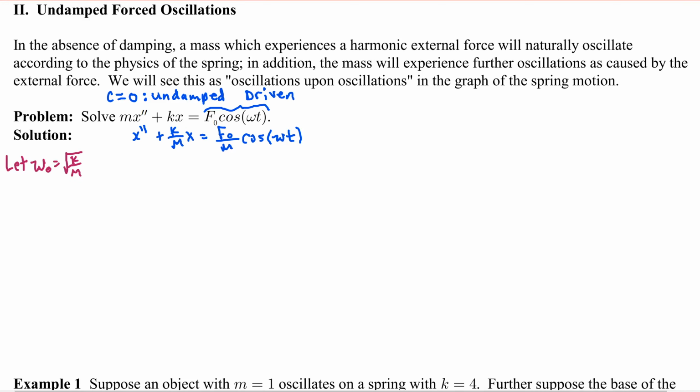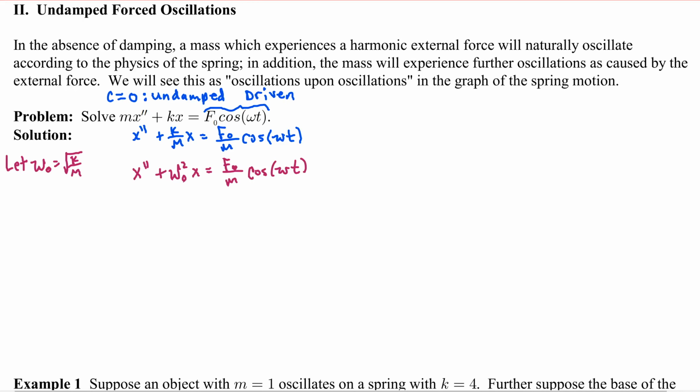Our differential equation then becomes x double prime plus omega naught squared x equals F naught over m cosine of omega t. So make sure you understand we have an omega naught and an omega in the same equation. Recognizing that this is a degree 2 linear, non-homogeneous differential equation, we first need to solve the associated homogeneous differential equation using the characteristic equation.